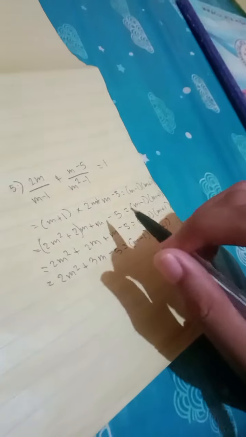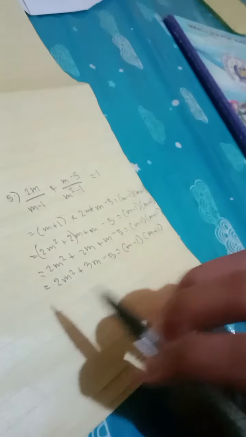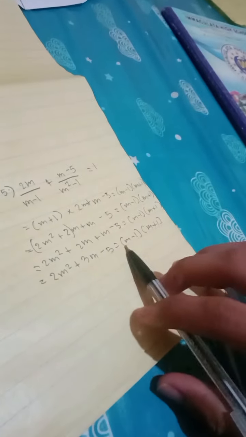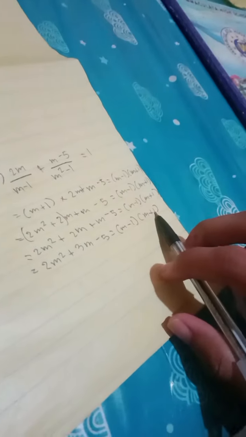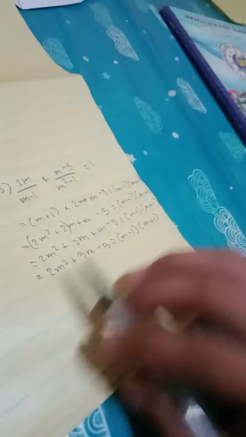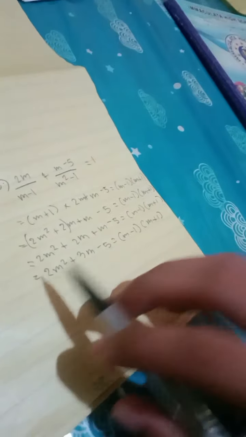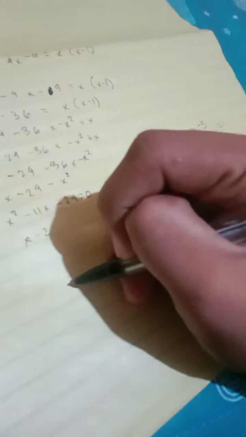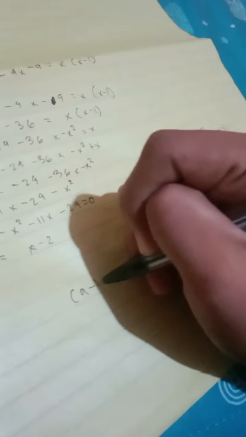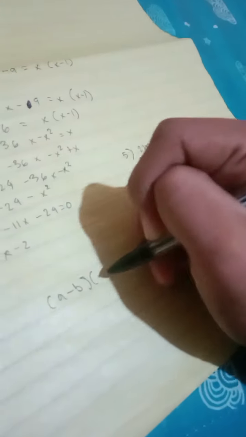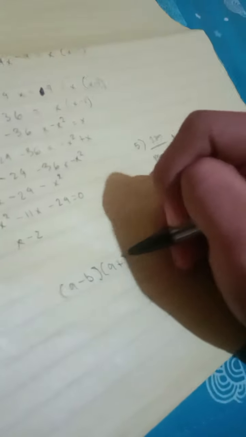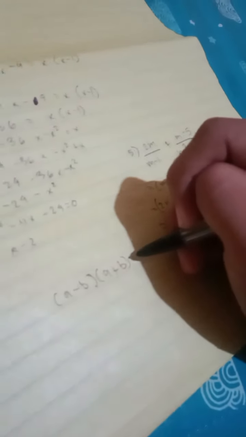That's it. And then consider that the m negative 1 and m positive 1 multiplication form can be transformed into a difference of squares using the rule a negative b and a positive b equals a squared negative b squared.